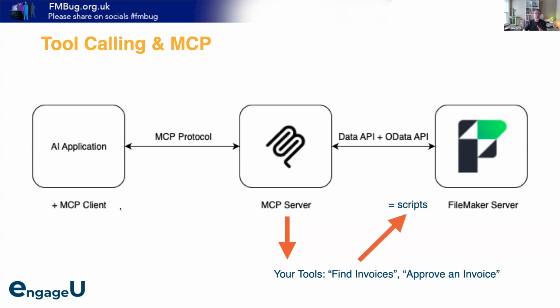The action could just be run a script, because the MCP server talks to FileMaker Server through the Data API and OData API, both of which are entirely capable of running scripts. So the MCP server will have the tool. I get to give it a name, give it a description, and determine what the action is, whether I just want to make an OData API call to find data that way or run a script. Both of these are available to me. So that script could just be go and approve this invoice.